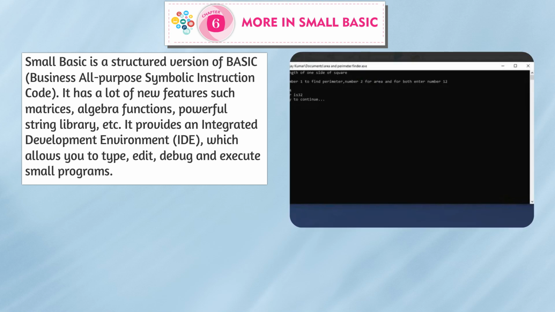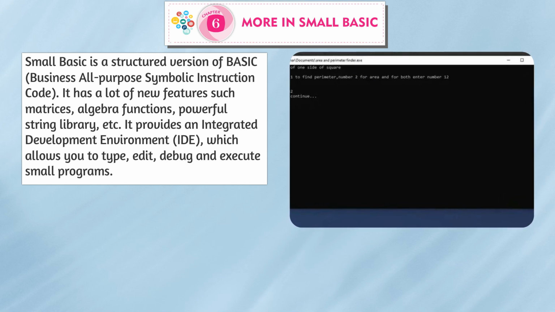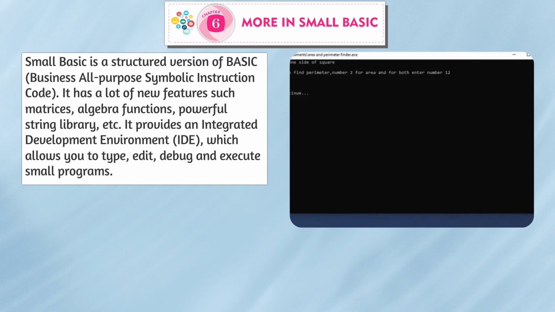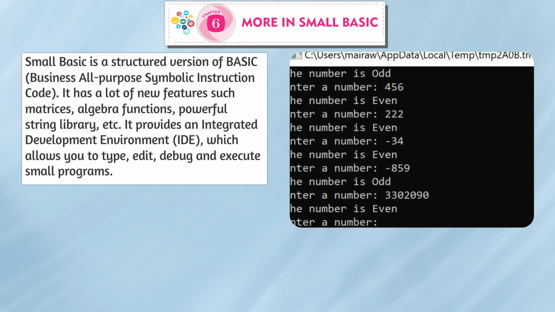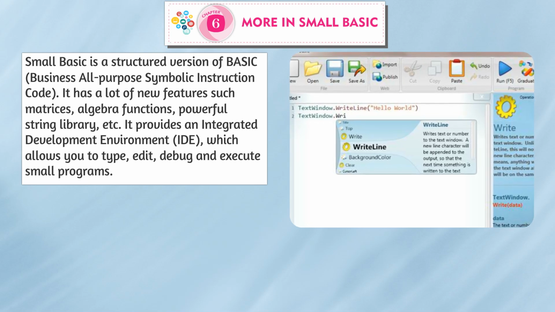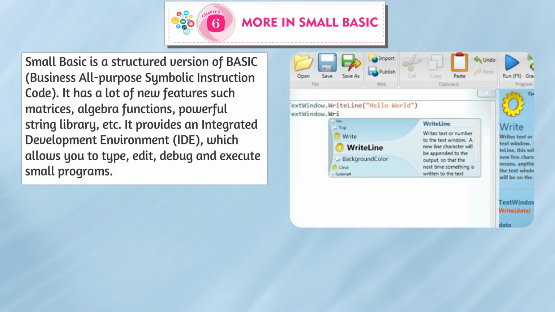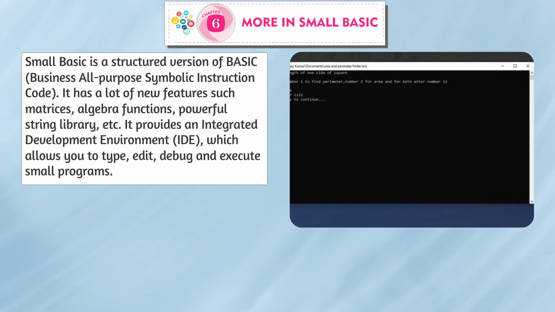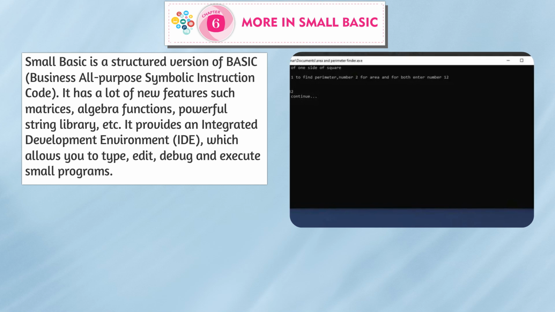It has a lot of new features such as matrices, algebra functions, powerful string library, etc. It provides an integrated development environment, IDE, which allows you to type, edit, debug and execute small programs.